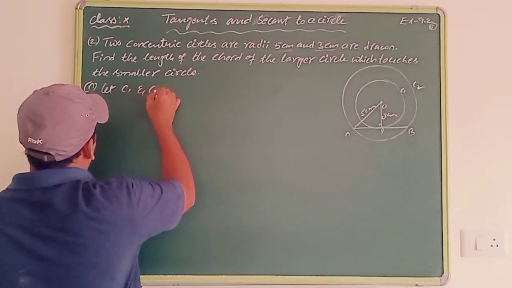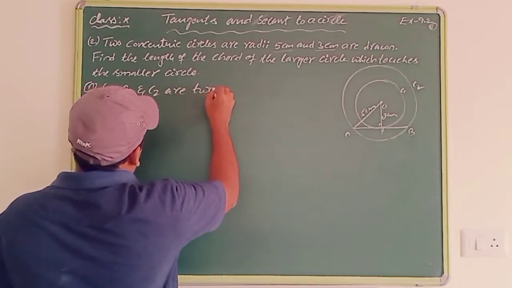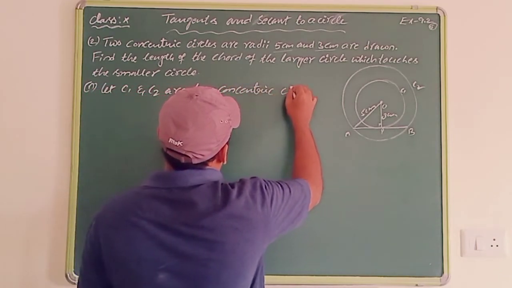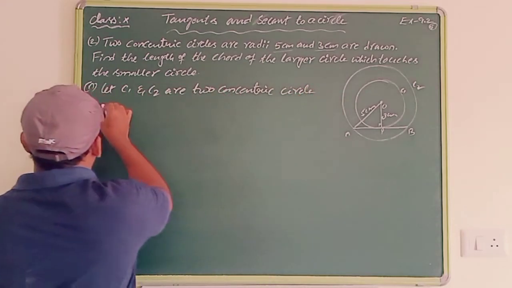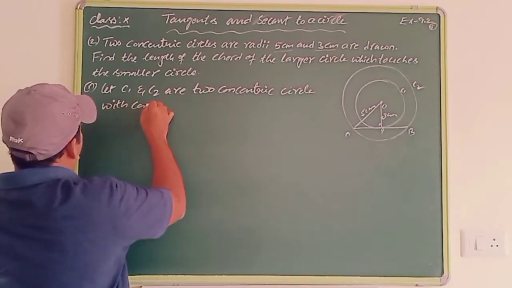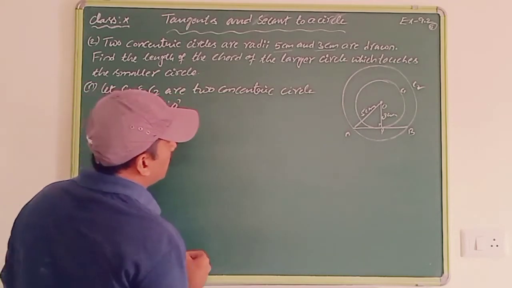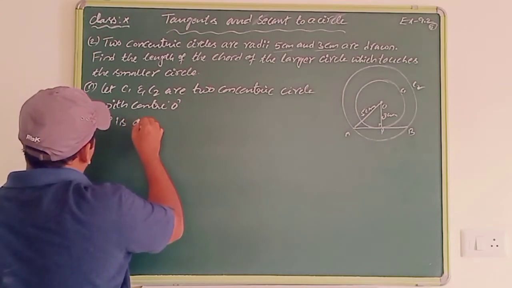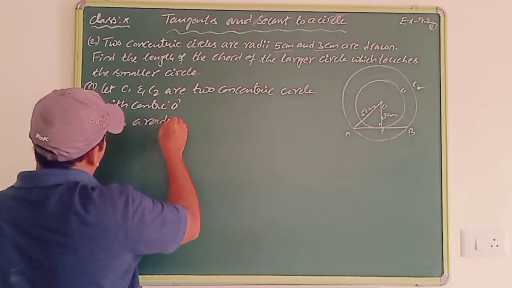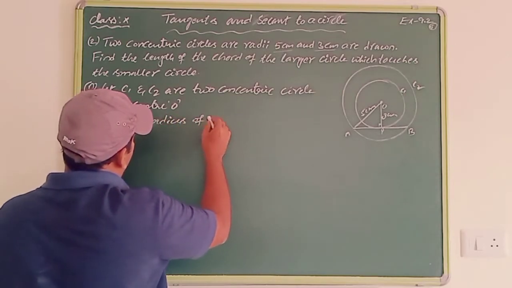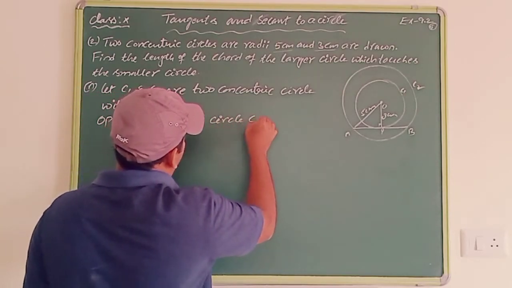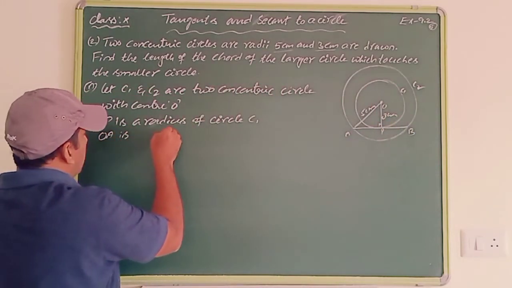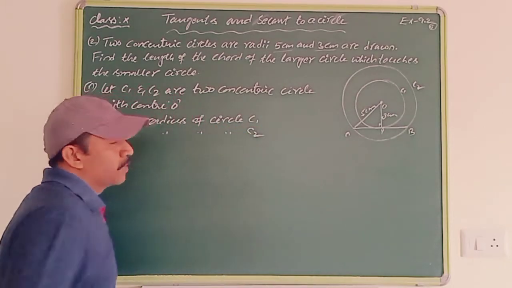Let C1 and C2 be 2 concentric circles with center O. Similarly, OP is the radius of circle C1 and OA is also a radius of circle C2.